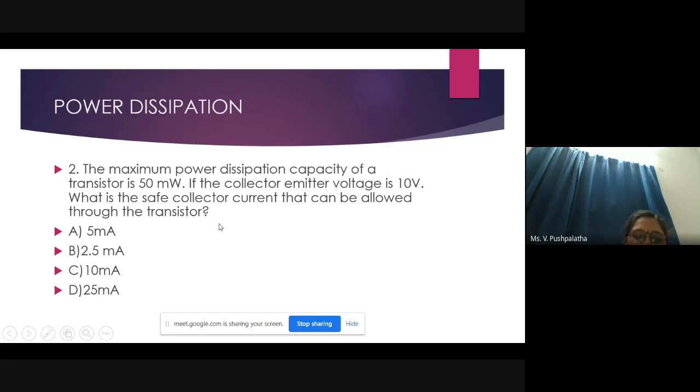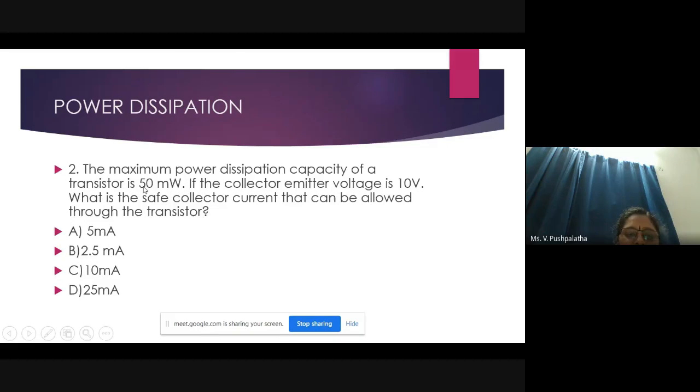So first of all, whenever they give a question, you should observe the question properly and try to understand what type of question it is. Here, the maximum power dissipation capacity of a transistor is 50 milliwatt. It means it is a power amplifier, right? So what kind of power amplifier you have to check.